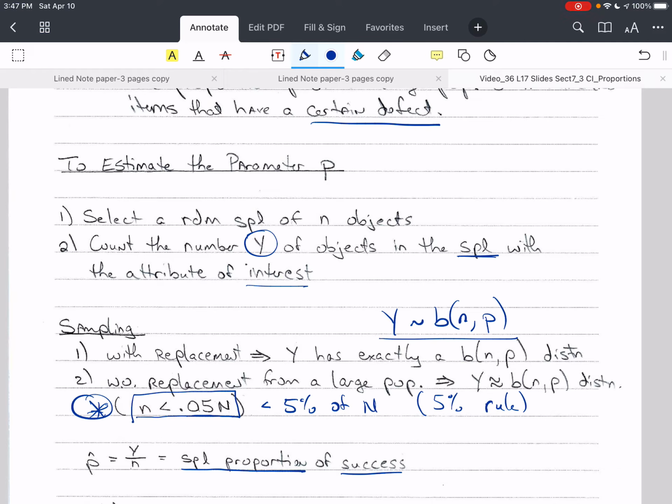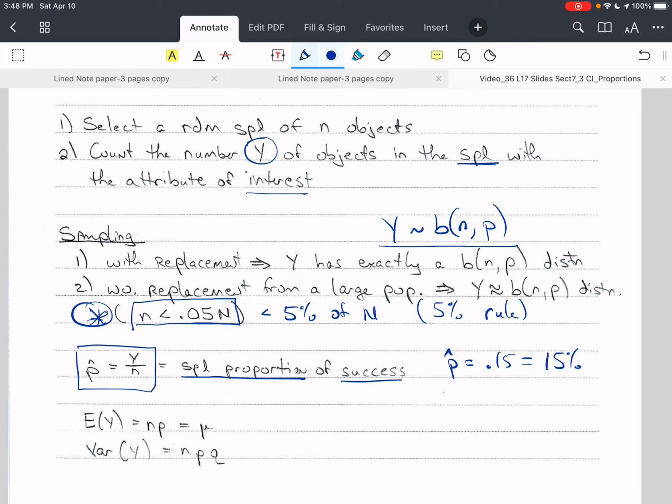So we do that by p hat is equal to y, which is the number of items in the sample that have the attribute of interest, divided by the total number of items in the sample. So it makes perfect sense. It's a proportion. We could multiply it by 100 and get a percentage. So those are equivalent ways of expressing something. If I have p equals 0.15, that is identical to 15% of that sample, or p hat, I should say. Okay.